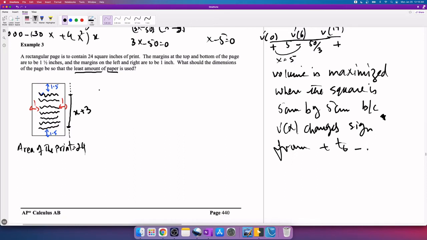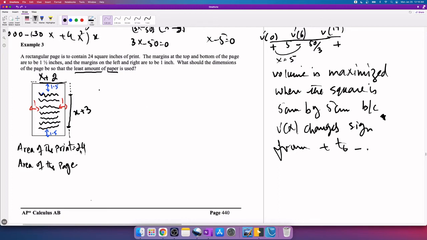So that's the length. The width is going to be y plus 2, because this portion from here to here is where the print is, but I also need this margin, which is 1 inch on both sides, which makes it plus 2. So that's my width, that's my length.